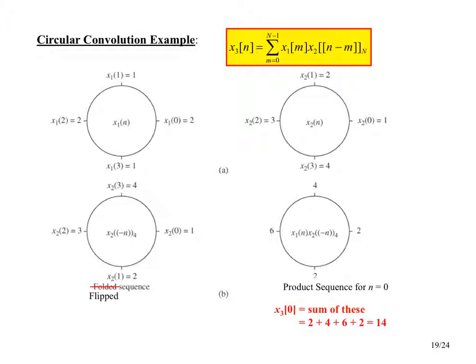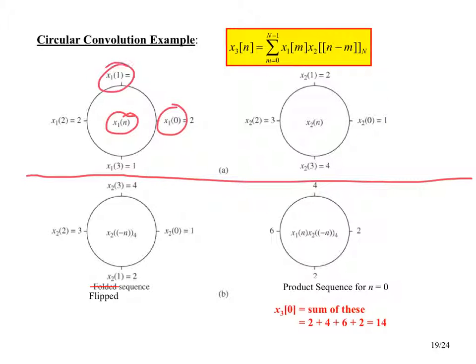So with that in mind, we can think about circular convolution in terms of this circular axis view. Up here on the top half, which we've labeled A, we've got x1 of n, going x1 of 0, of 1, of 2, of 3. And we've got some actual numerical values to help us visualize this.